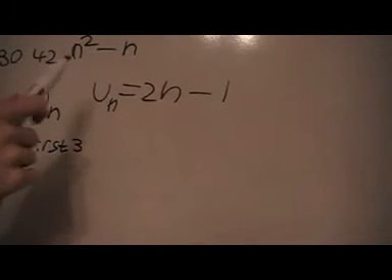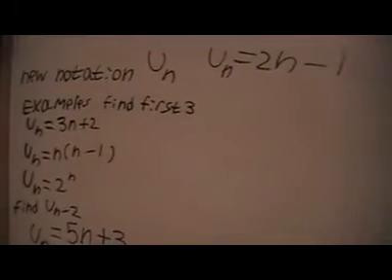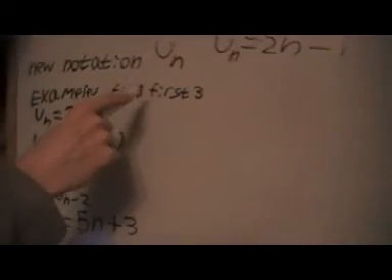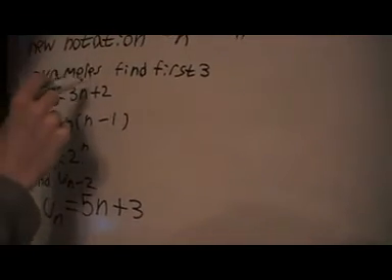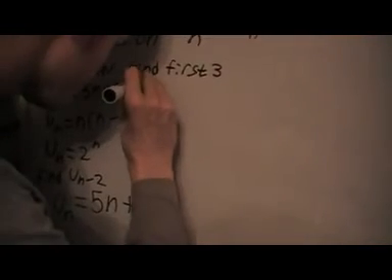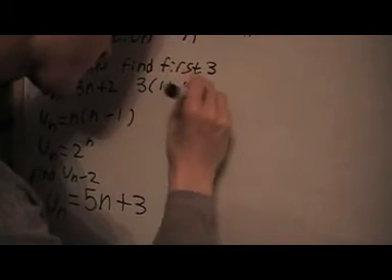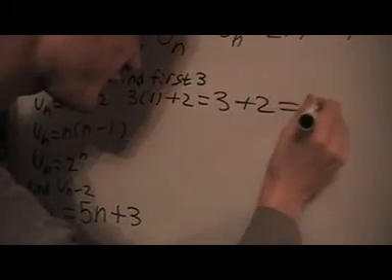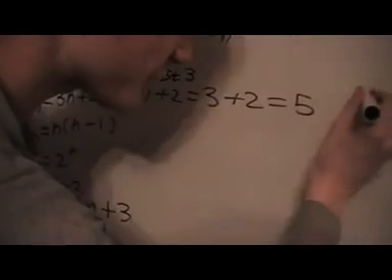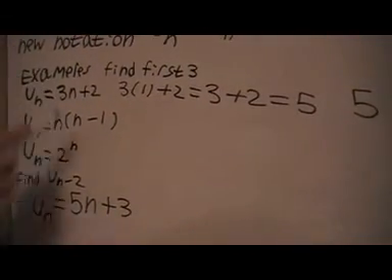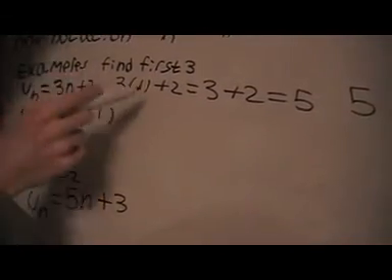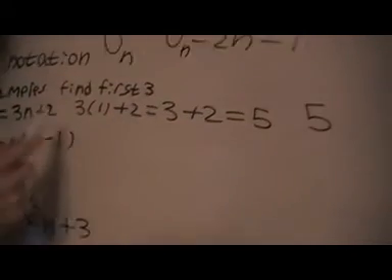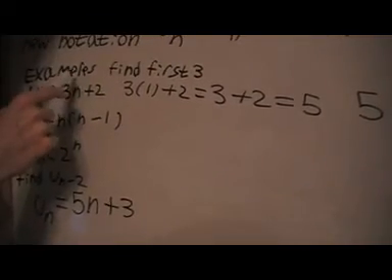So let's do a few examples here. I'll find the first 3 terms of these. The first one, we substitute 1 into here. That would give 3 times 1 plus 2, that would be 3 plus 2, which is 5. So the first term would be 5. For the second term we do the same thing. The second term's a 2, so we'll do 3 times 2, which is 6, and another 2, which is 8.